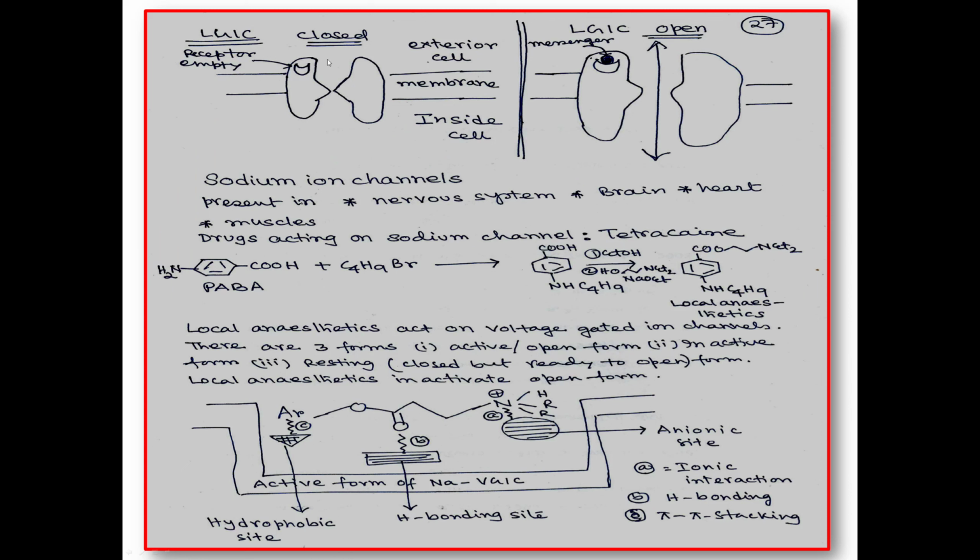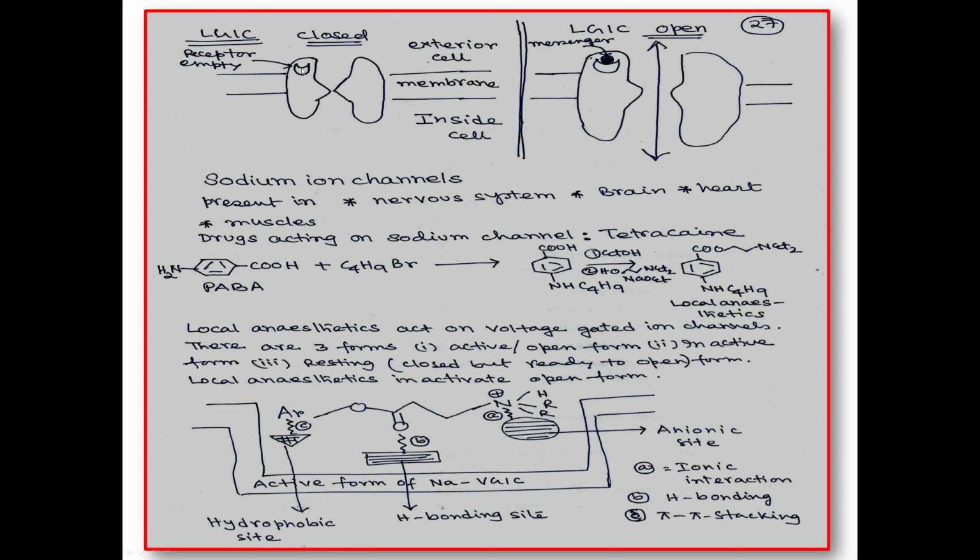Now let us see an example pictorial representation of the ligand gated ion channel. This is an ion channel present in the cell membrane. The outside part is called the exterior, and this is inside the cell. This picture represents the ion channel closed, and this is a ligand gated ion channel, which means the receptor for the ligand is empty.